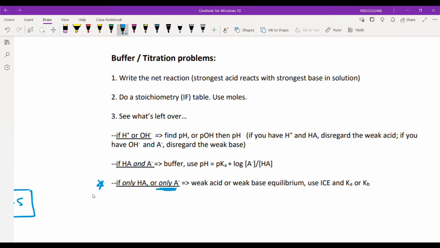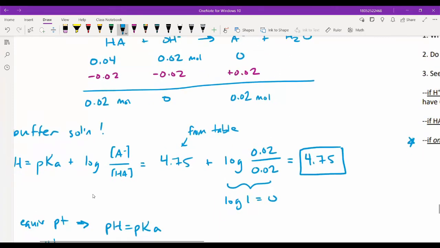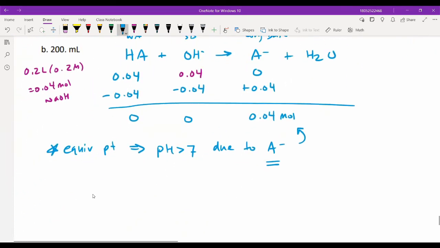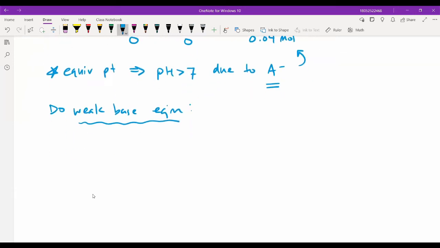And in this case, we have to do a weak base equilibrium. So now it becomes a problem of, oh, I have a weak base in the solution. Going back to chapter 7, this is that situation where we just have a weak base. Okay, so what we end up writing is the weak base plus water, and it always will end up being the opposite of the titration reaction.